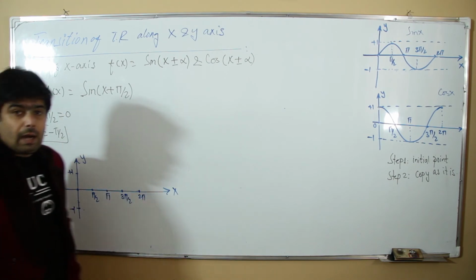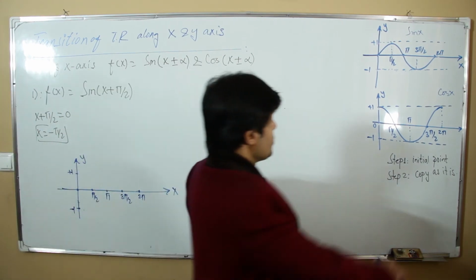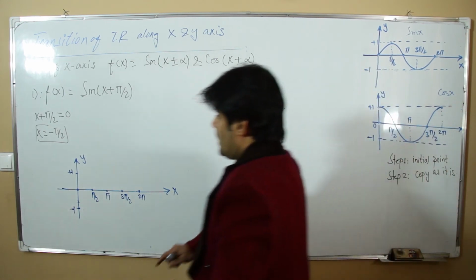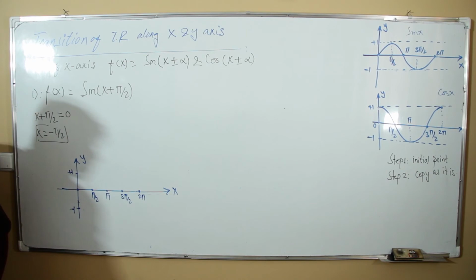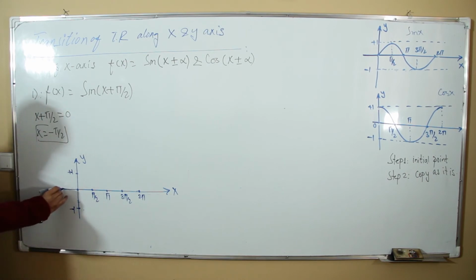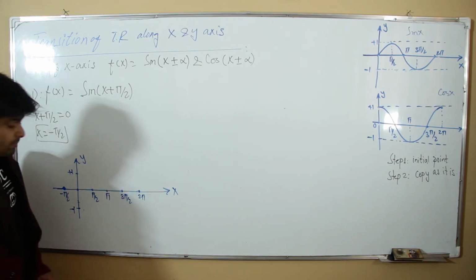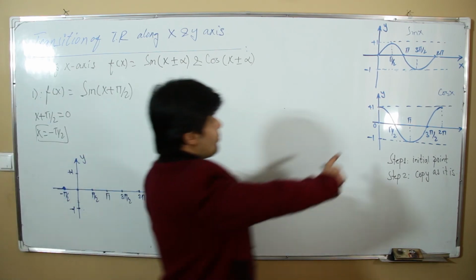Now our sine x starts from 0, but this sine should start from minus pi divided by 2. This is minus pi divided by 2. So this is our initial point. It means this is our 0 point.